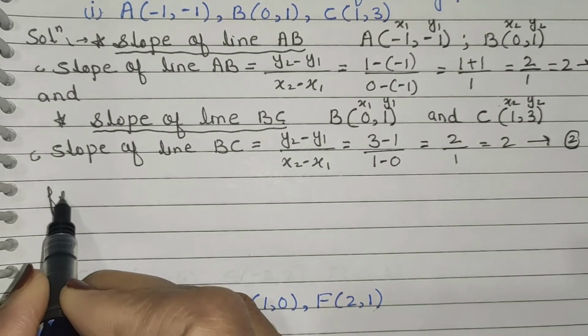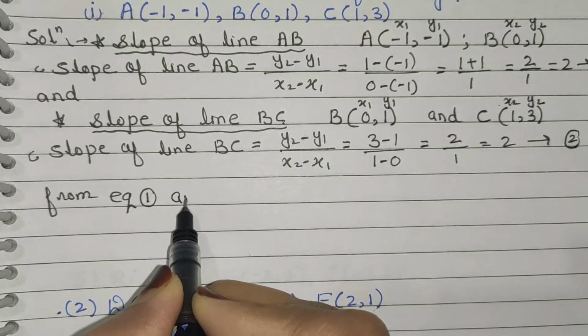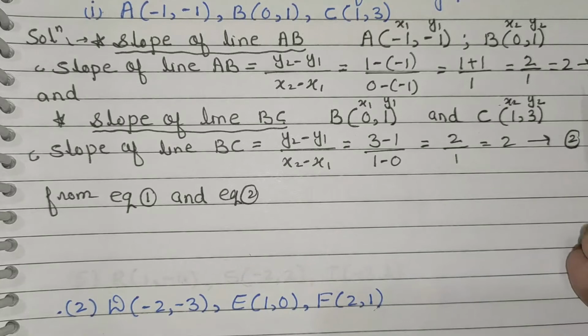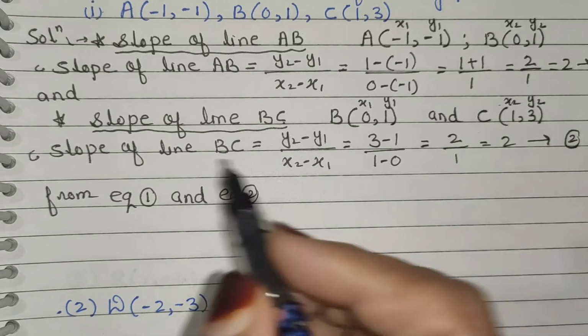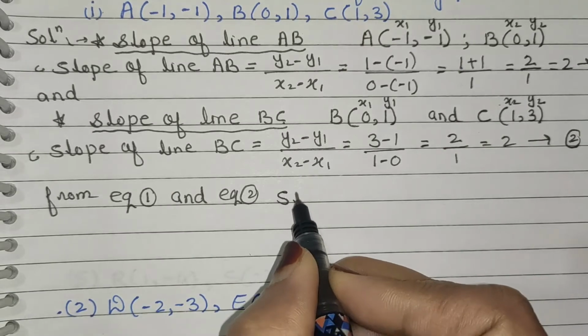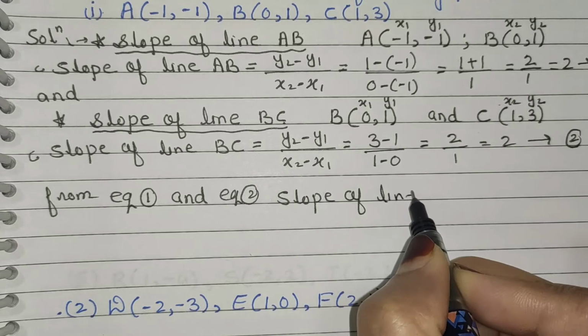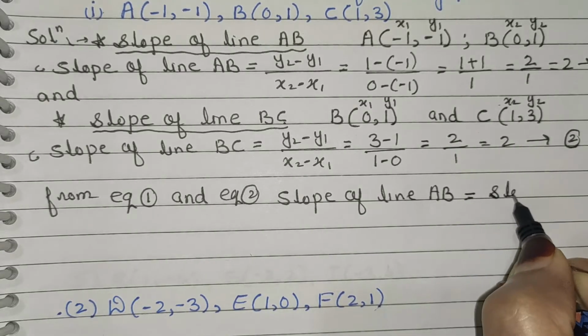Now from equation 1 and equation 2, both numbers are equal here. Their right hand sides are equal. Therefore, we can write here slope of line AB is equal to slope of line BC.